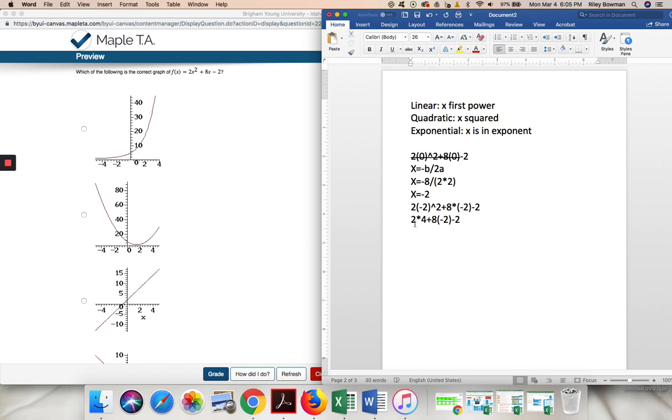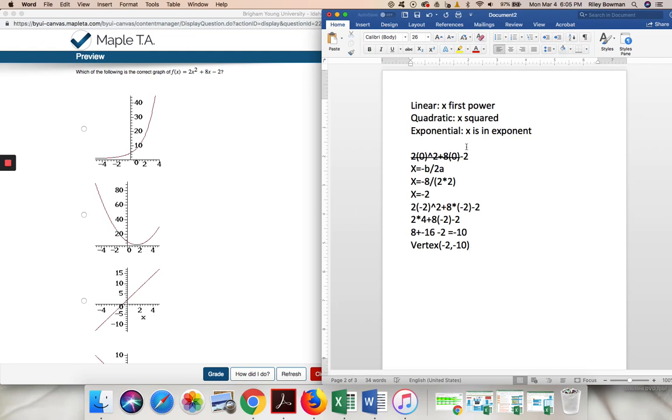Okay, so now I need to multiply and divide from left to right. 2 times 4 is 8, plus 8 times negative 2 is negative 16, and minus 2. So 8 plus negative 16 gives me negative 8, minus 2 makes negative 10. So the vertex is the coordinate point negative 2 comma negative 10.